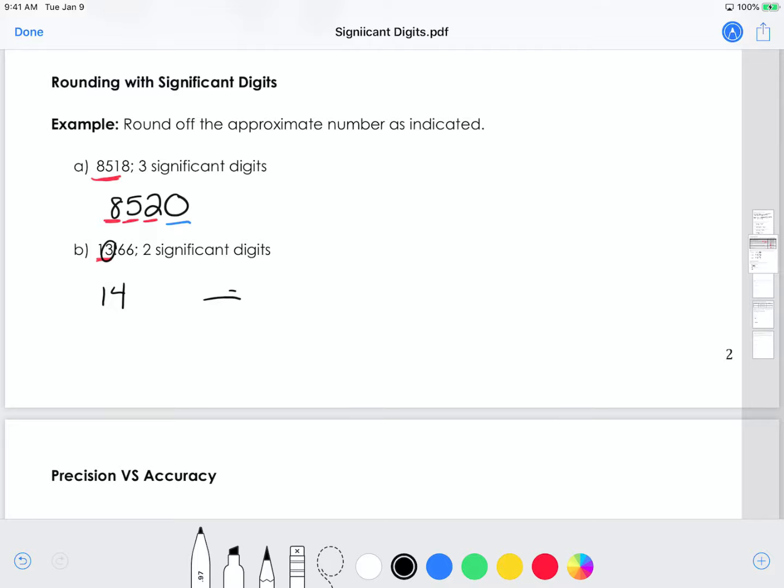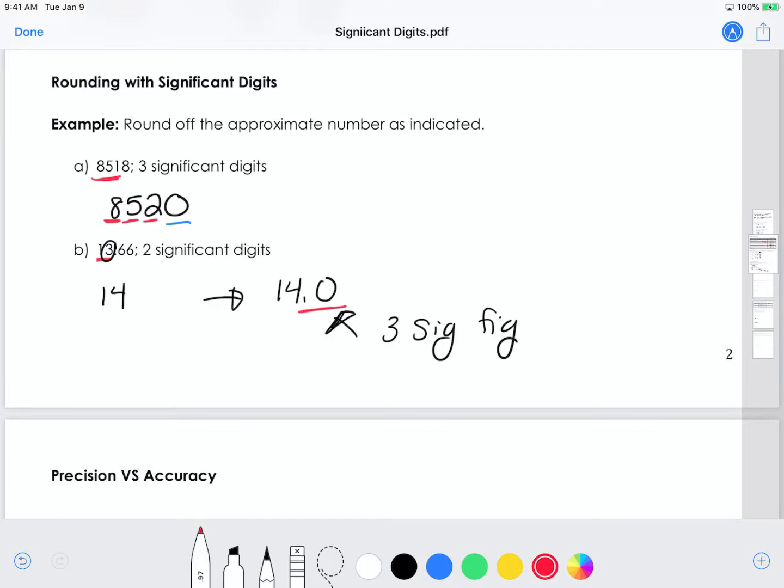Be careful, if I write it like this instead, now this is considered 3 significant figures. Although the value of 14 and 14.0 is the same, they have different meanings when it comes to significant figures. Because I made a 0 here, that would tell me I would have 3 significant figures because trailing zeros after a decimal are significant.